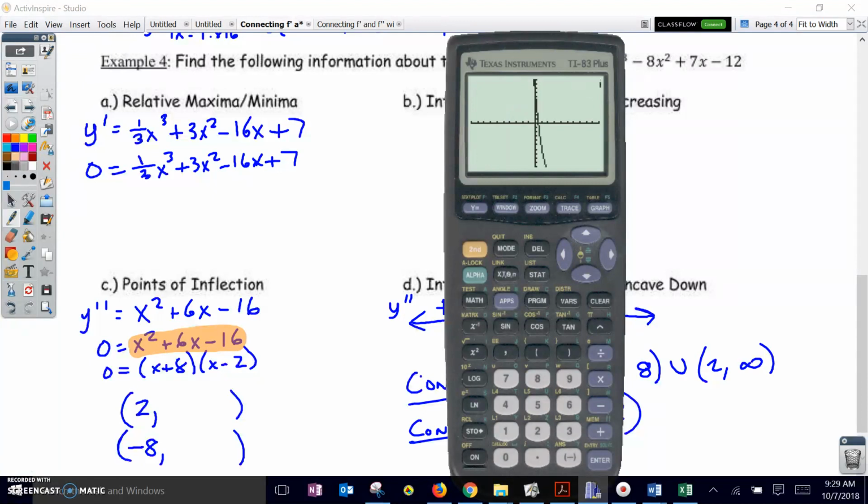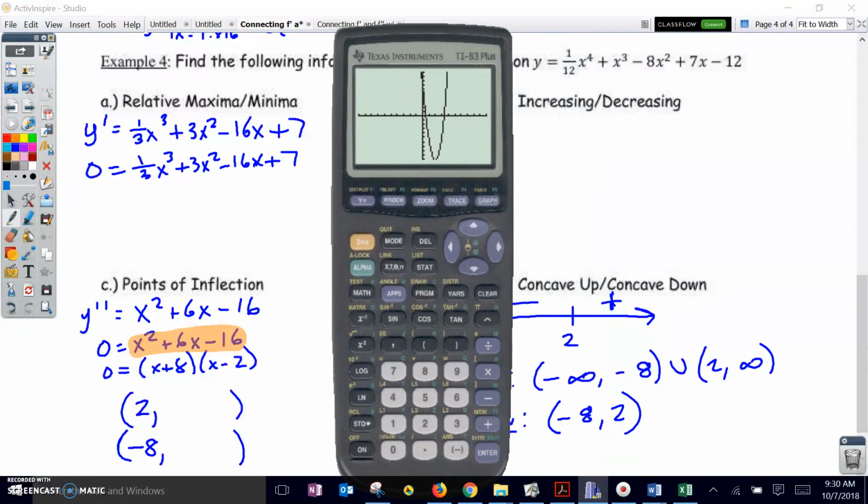I should have 3 zeros for this. Do I see them all? I only see 2. So let me fan my window out here a little bit. Now I see all 3.